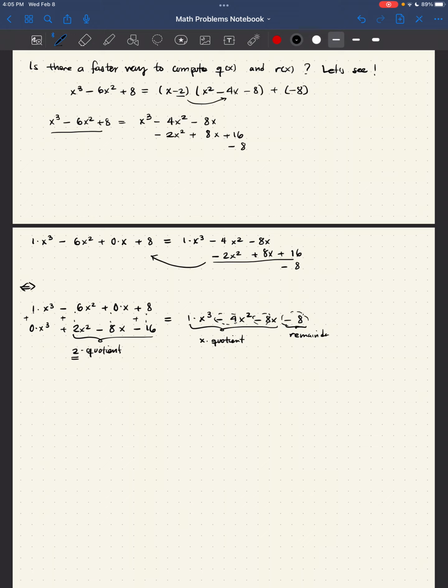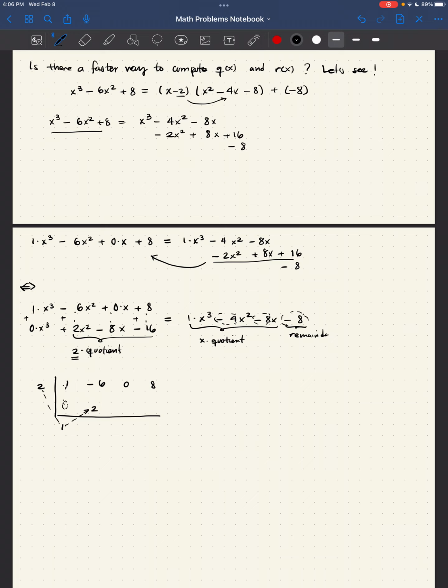So let's put all of that into a rectangular array. And I'm going to indicate 2, then 1, negative 6, 0, 8. What I have here is kind of like a phantom 0, right? And below that 0, I get a 1 by adding these two. Then I multiply against this 1 to obtain a 2 here.